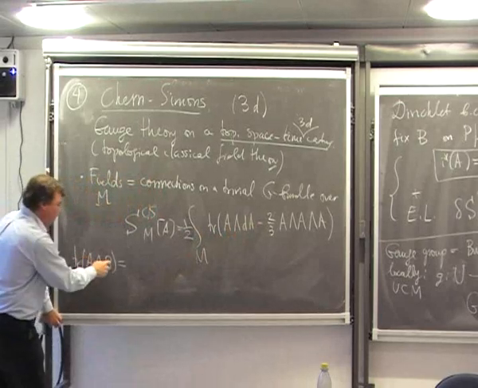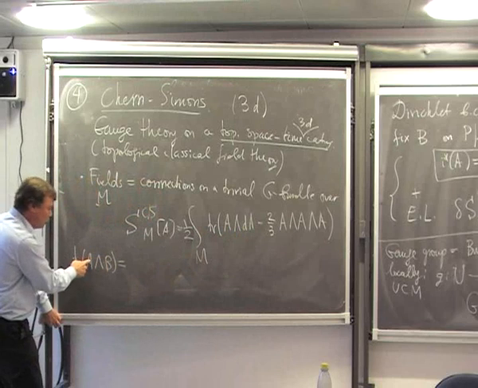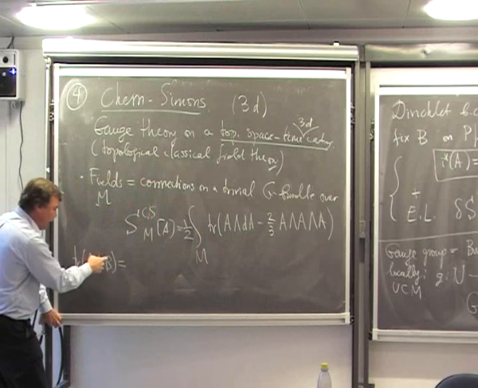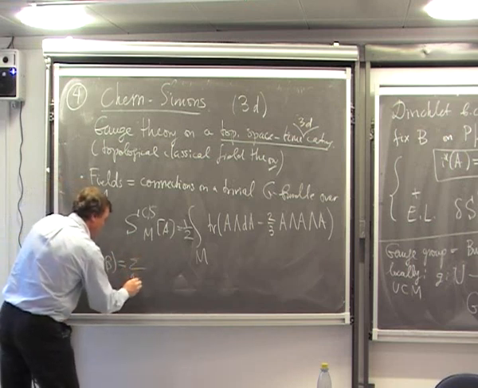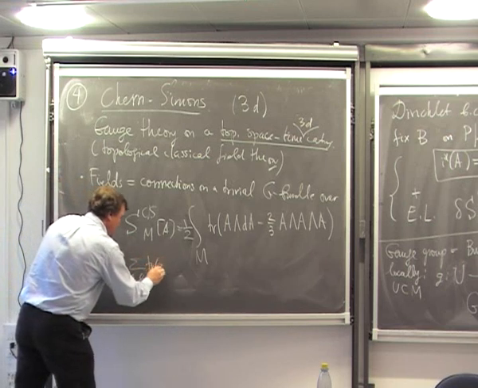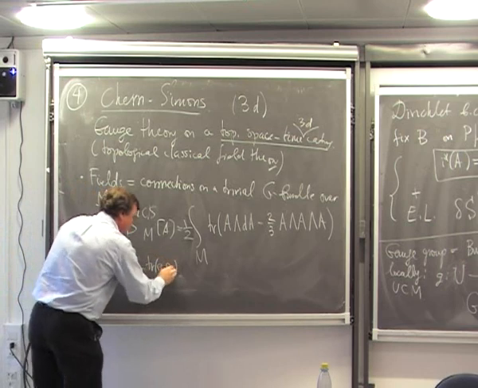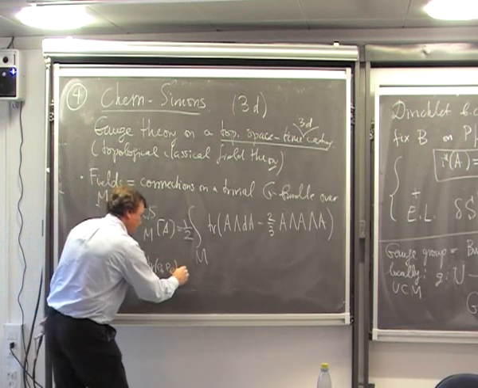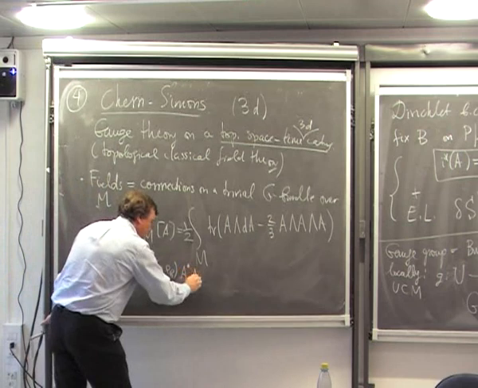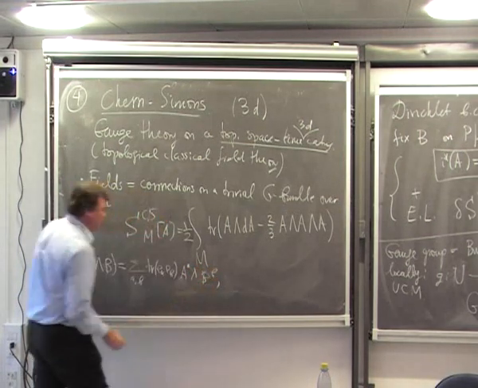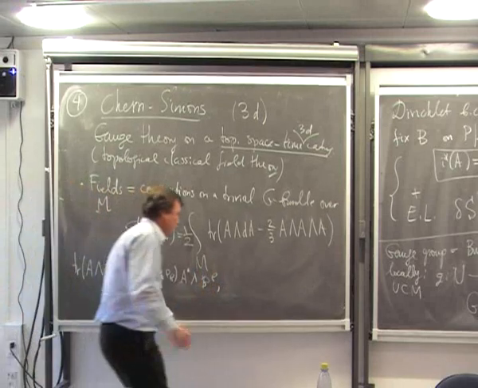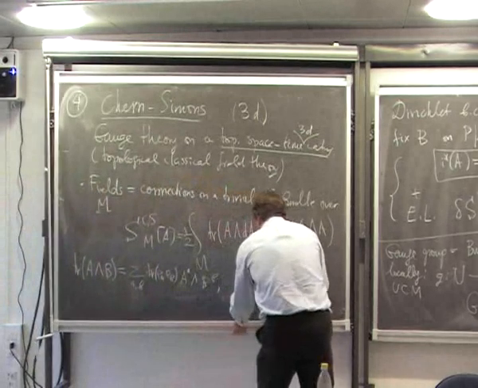So for two G valued forms A and B, we define this thing as sum over A, B trace EA EB, and then A A, B B, and then I also assume that G is a matrix group.